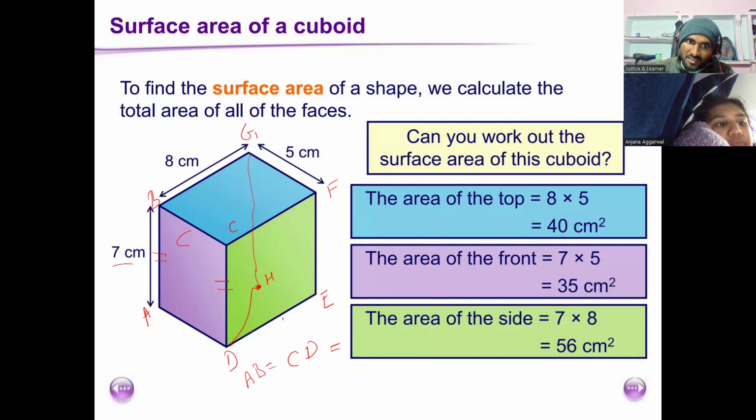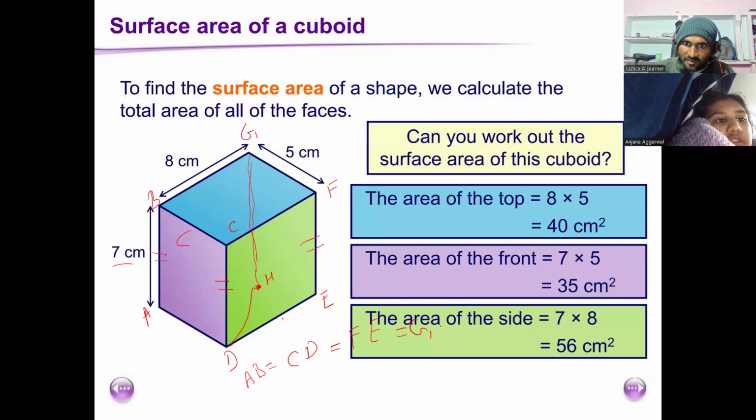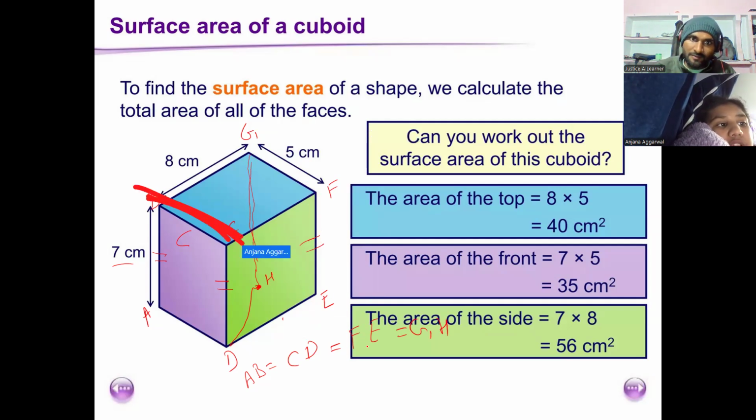AB is equal to CD, and this is also equal to this, isn't it? Yes, F and E. F and E is also equal to what? F and E, G and F. Yes, very good. And G and F are equal to B and C. Very good. B and C is equivalent to A and D. Great.